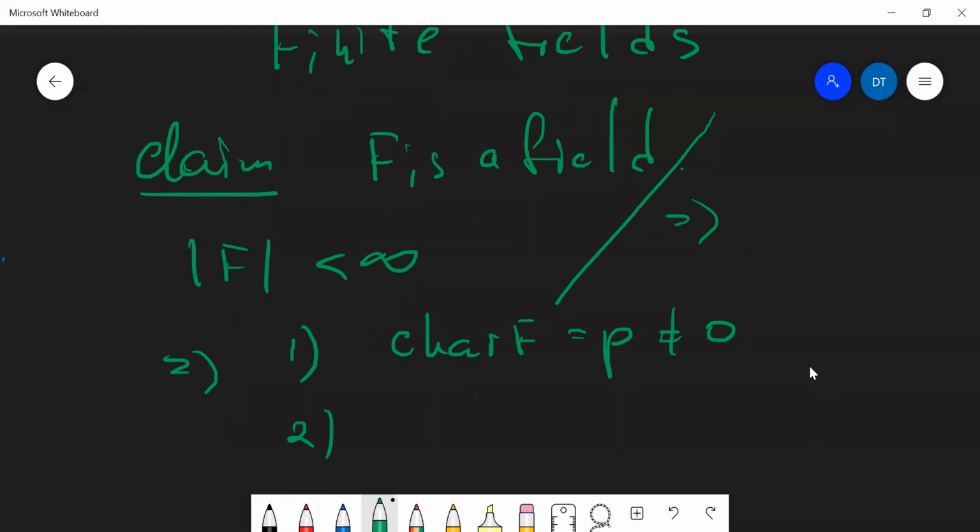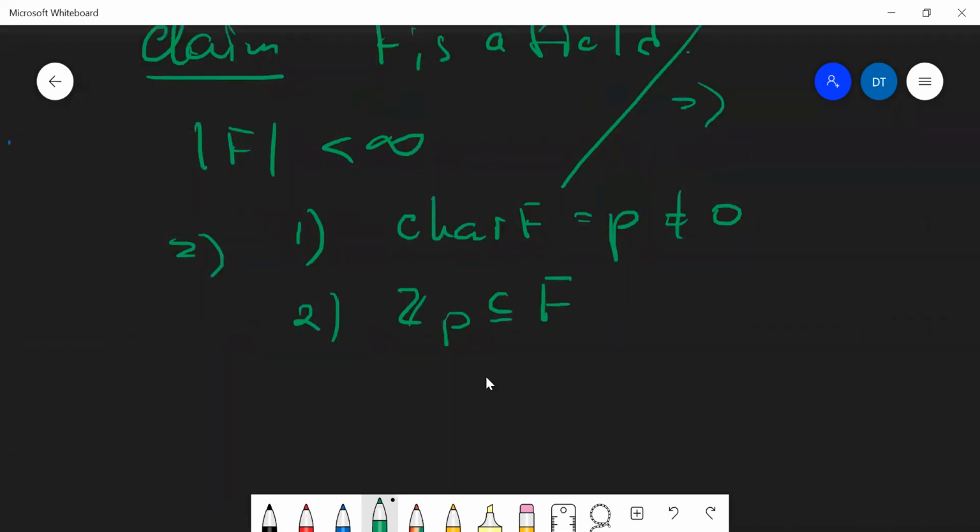And as a consequence, F contains Z_p as a subfield. So any finite field has a prime characteristic, and it contains Z_p, where p is its characteristic, as a subfield.